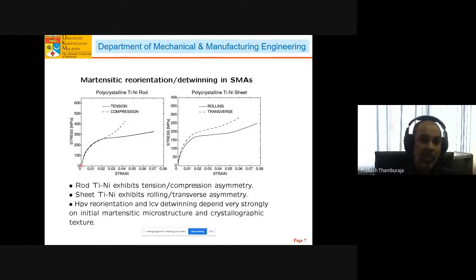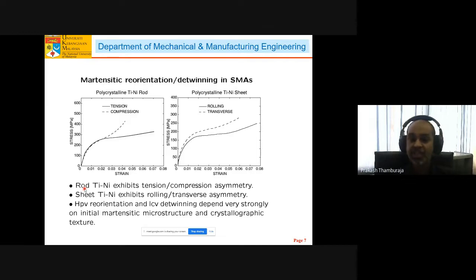Initially there is a similar response up to about 2% strain, and as you keep pushing or pulling beyond 2% strain, you get a divergence of the stress-strain response in tension and compression. The tensile response is much more ductile and malleable compared to the compression. You get more of a locking response in compression quite early on, at about 2 to 2.5% strain. So clearly the rod sample exhibits a tension-compression asymmetry.